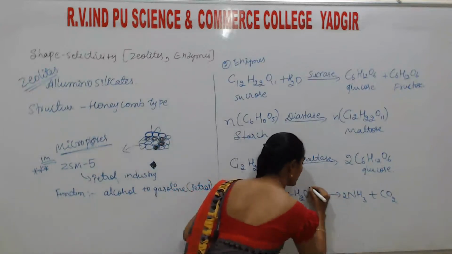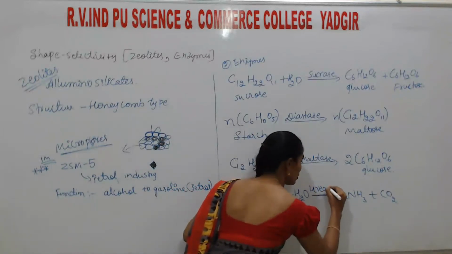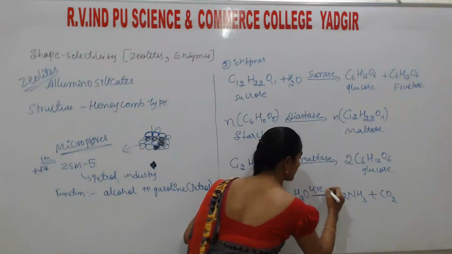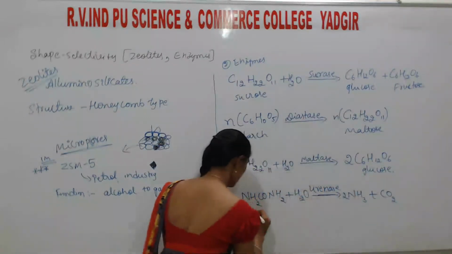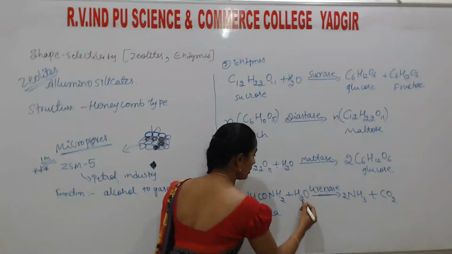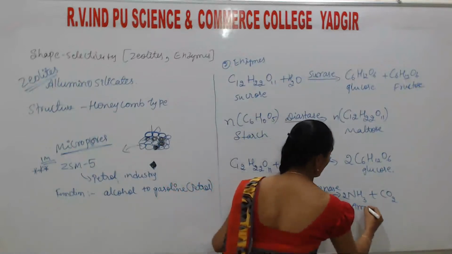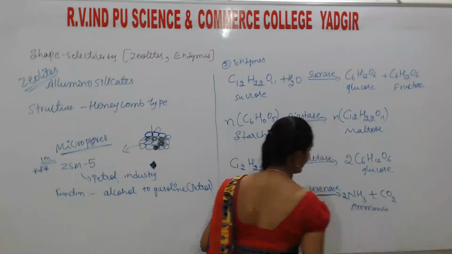To convert this, we require the enzyme urease. This is urea, which upon hydrolysis is converted into ammonia and carbon dioxide.